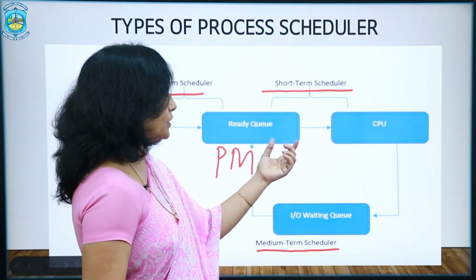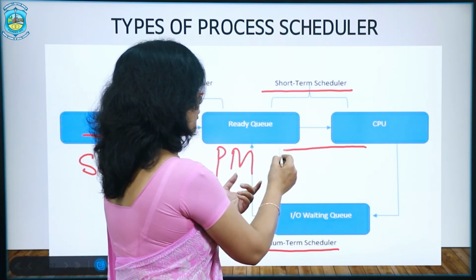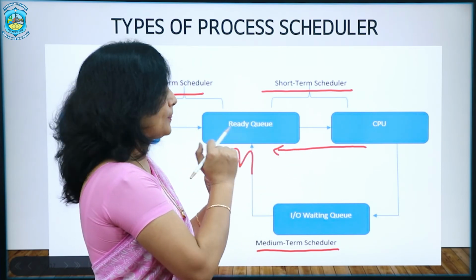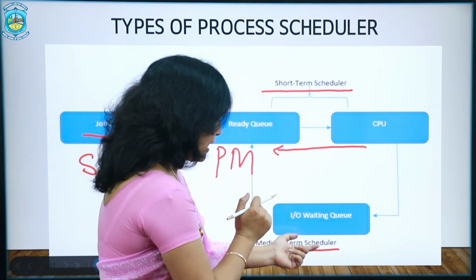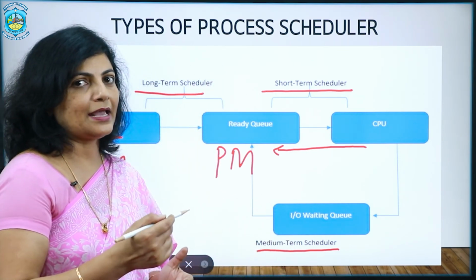Then the short-term scheduler assigns the CPU to the competing processes which are placed in the ready queue. And the medium-term scheduler does the swapping, as we learned.